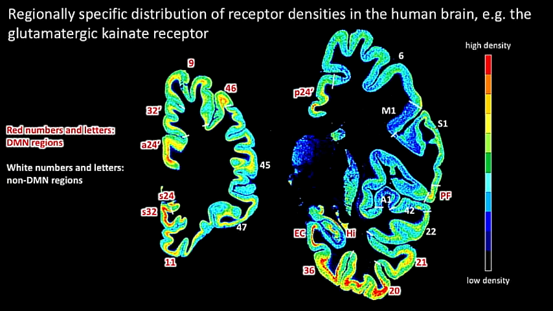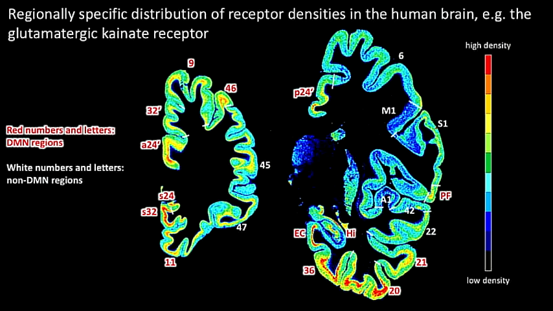For instance, area 36 and the entorhinal cortex. Entorhinal cortex is EC, area 36. These areas have a high density.